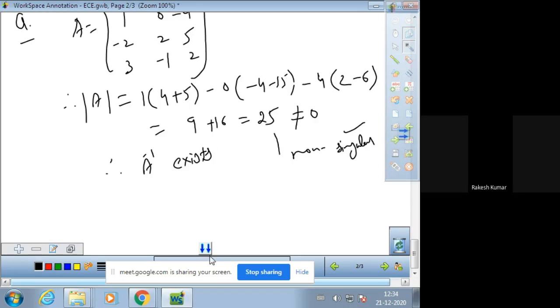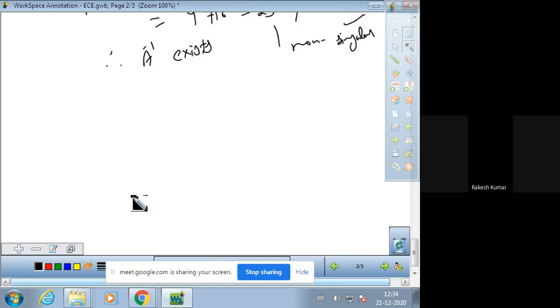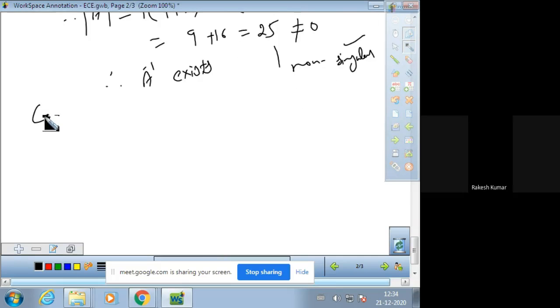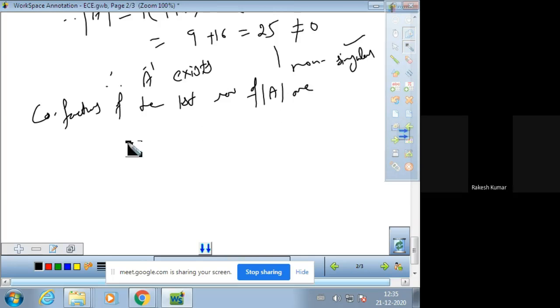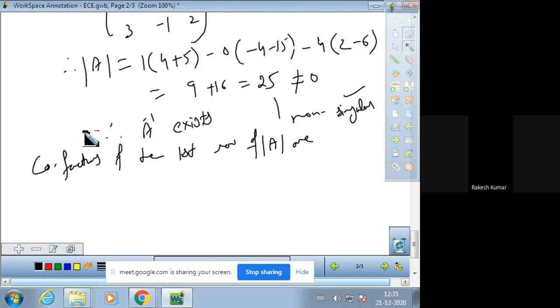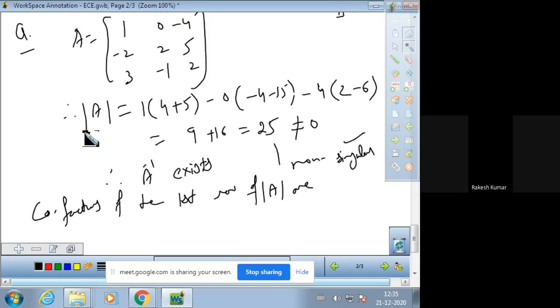Now you just need to find the cofactors of all the rows. Therefore, the cofactors of the first row of the determinant. Now you just see how to write down cofactors by the first row. We have done this before, how to find cofactors by finding the minors.